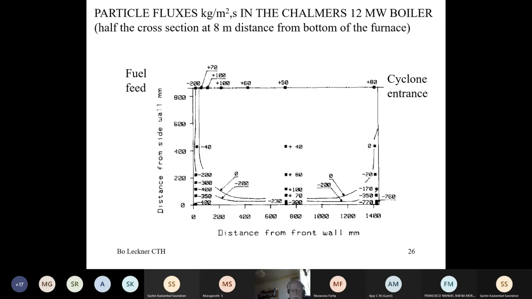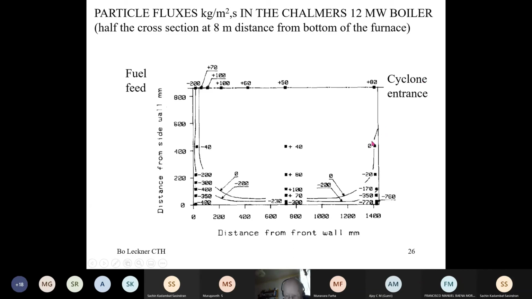The wall layer as such can be illustrated in this figure, which shows a square combustion chamber from above at a certain distance, 8 meters from the bottom. You can see here the distance from the front wall, and this is the distance from the side wall up to the center line. Fuel is fed from this side, and the cyclone entrance is found on that side.